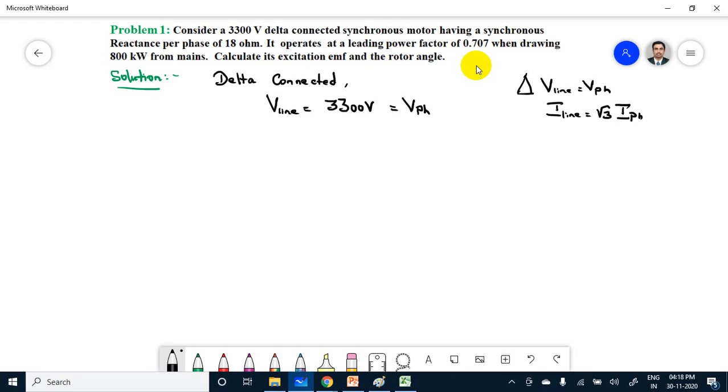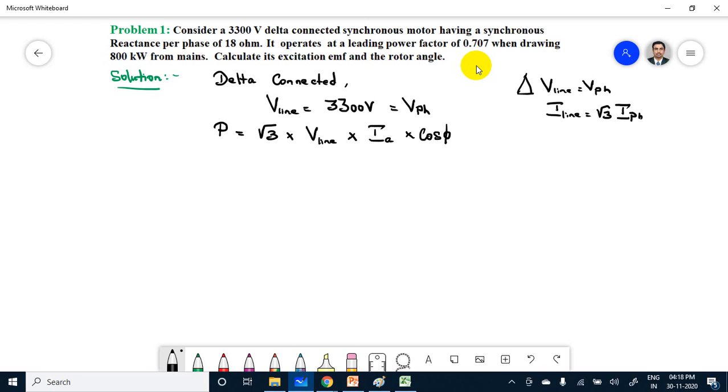No, we have to calculate it. So how to calculate the line current? The general formula: power equals root 3 into V line into IA into cos phi.